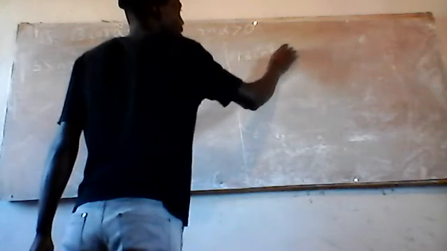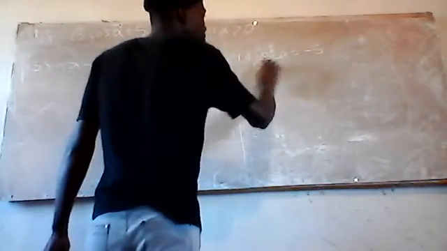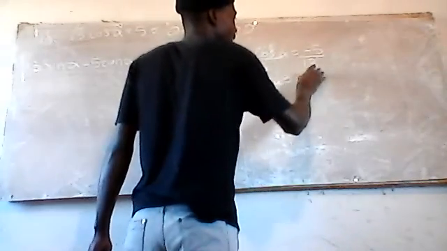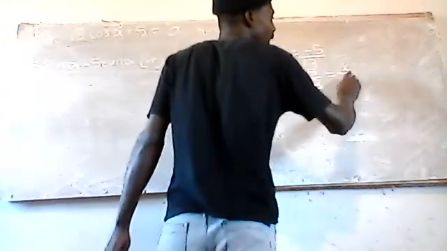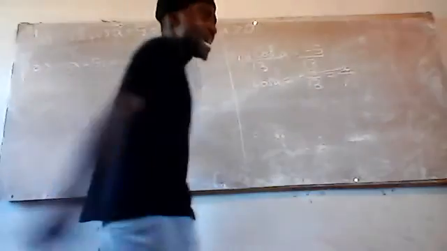So we'll have 13 cos of alpha being equal to negative 5. Dividing both sides by 13, I'm going to have that my cos of alpha is equal to minus 5 over 13. Remember, cos is equal to x over r. So the number at the top should be my x and the number at the bottom should be my r.